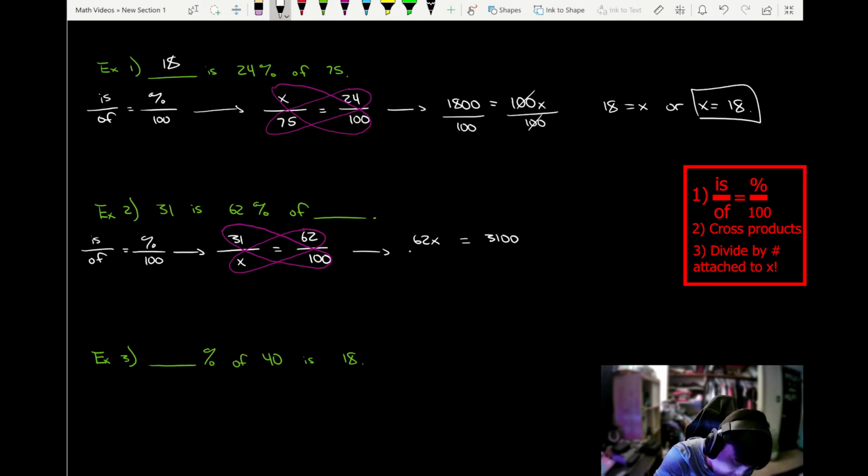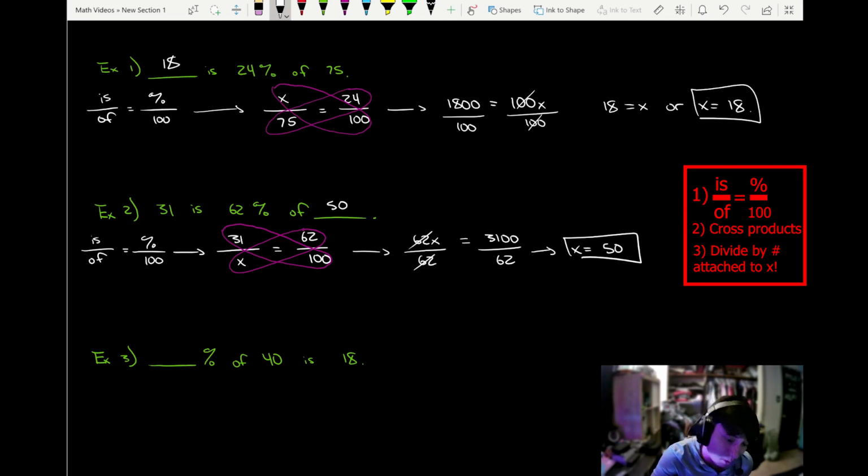And then we divide both sides by the number attached to x. And then they cancel out. This is always going to happen. We're always going to have x by itself at the end. And then we have 3100 divided by 62. And so we get x equals 50. So back in the problem, 31 is 62% of 50.